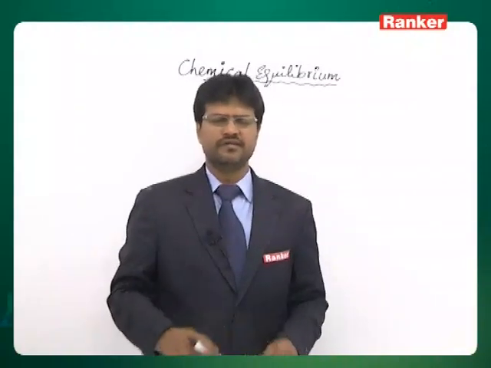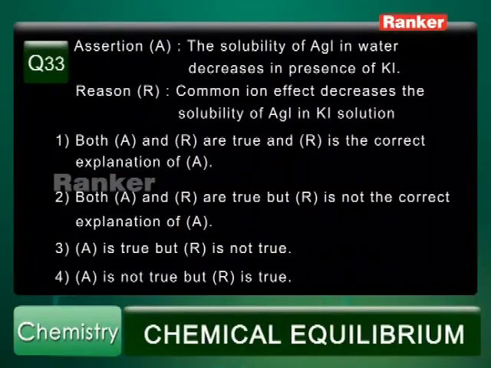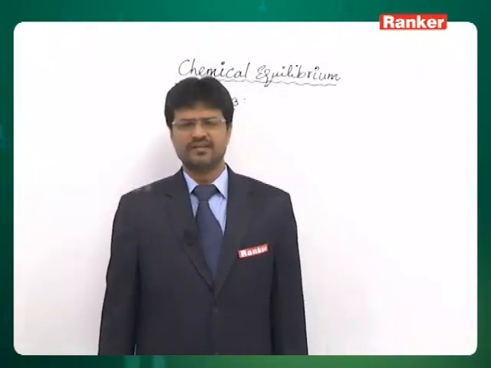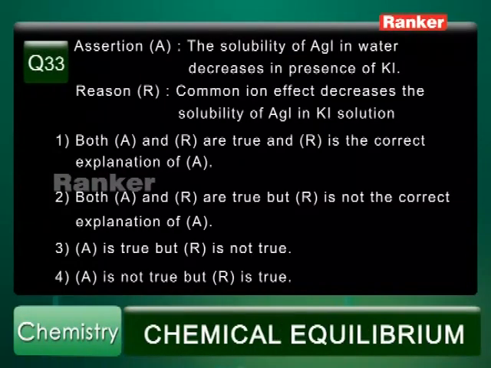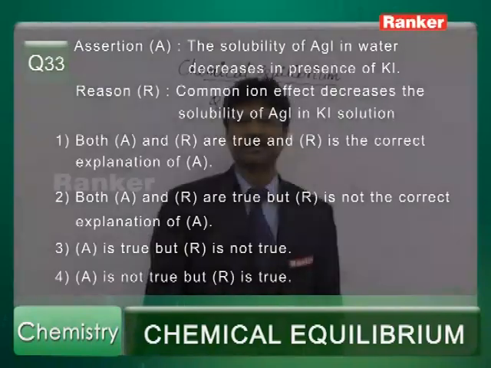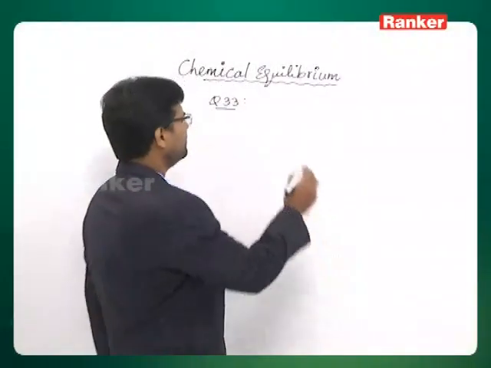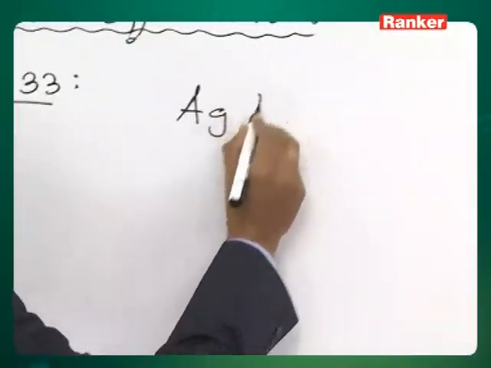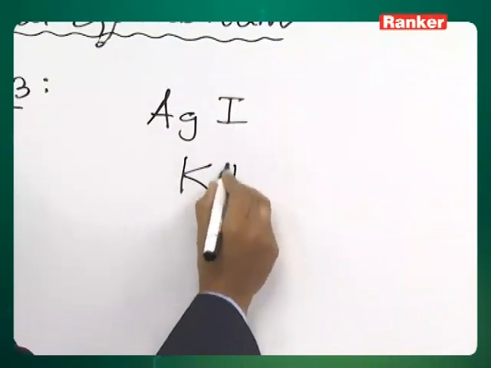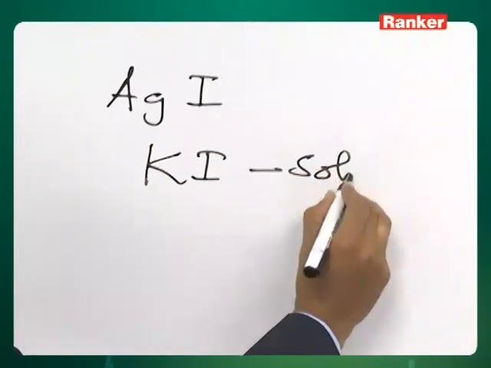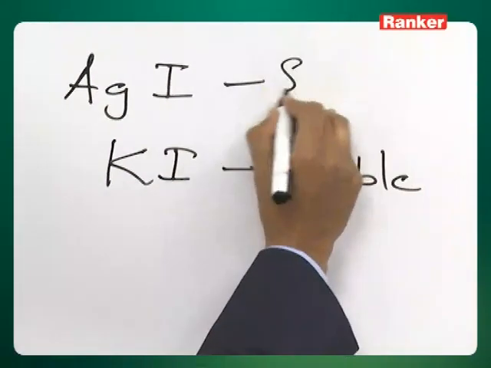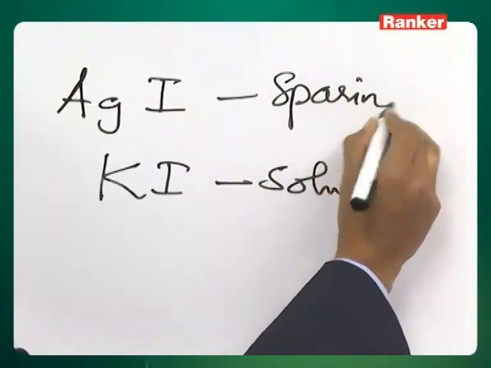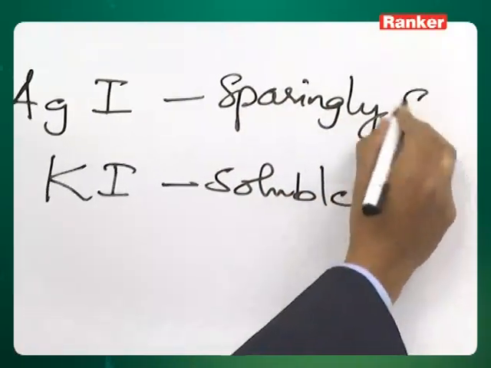Question number 33. Solubility of AgI in water decreases in presence of KI. Reason: common ion effect decreases the solubility of AgI in KI. This is a fact actually. AgI is a sparingly soluble salt, whereas KI is a soluble substance.